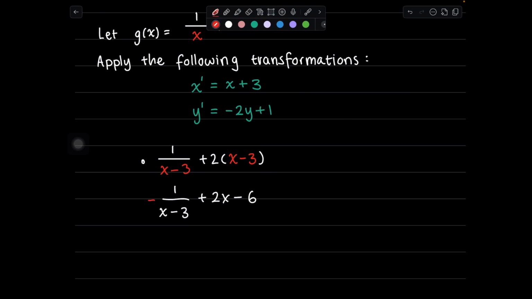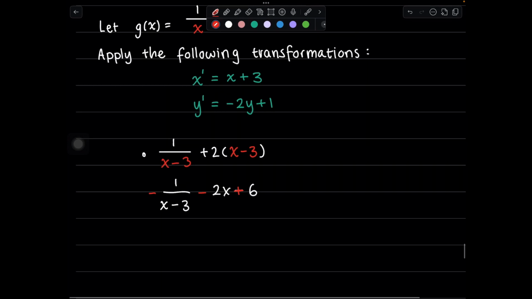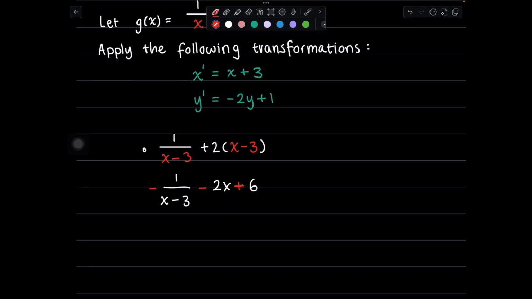So that gets you negative here, and this becomes a negative as well, and this becomes a positive when you multiply by a negative. So that's all done. Next, we have a dilation of factor 2 from the x-axis, and to apply that, you multiply the entire equation by 2. So that gets us a 2 here, which you can write at the top here.